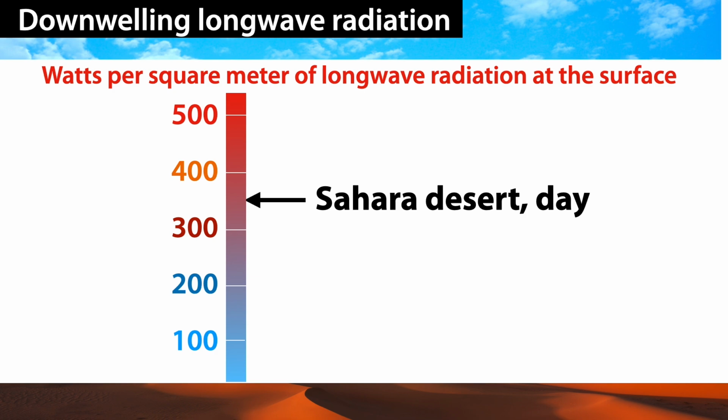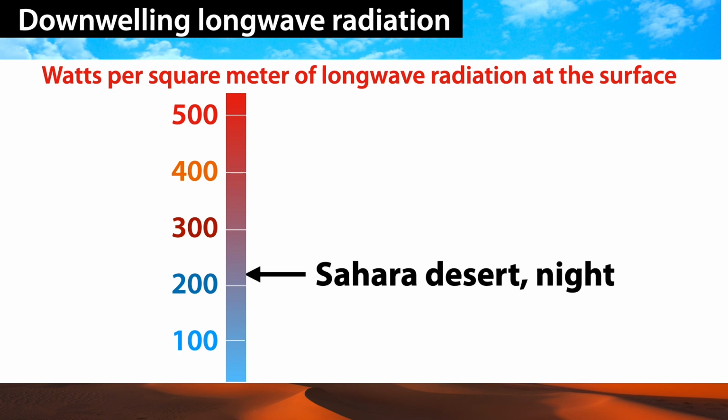In the Sahara Desert, skies are usually clear, and there's very little water vapor. During the day, sunshine puts a huge amount of energy into the system, and some of it is re-radiated back down, which makes the surface warmer than it would be otherwise. At night in the Sahara, it's cold. If you've ever spent a night in the desert, you know it's cold, but the air is much warmer than at the poles, which is why the numbers are higher.